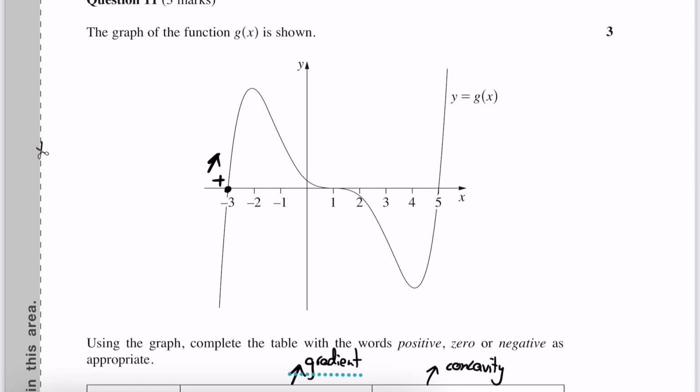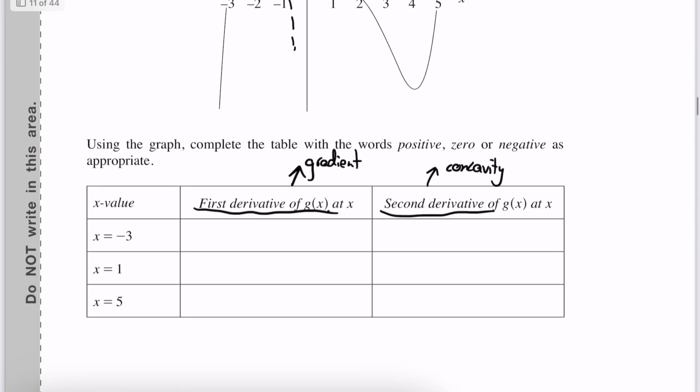That's because if you think about breaking this graph down into different parabolas, you could do something like that, and what you see is this is a concave down parabola, which means that the second derivative is negative, and as we mentioned before, the first derivative is positive.